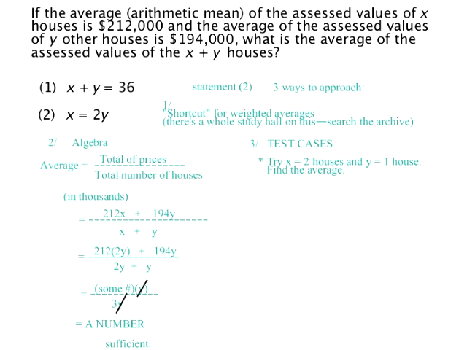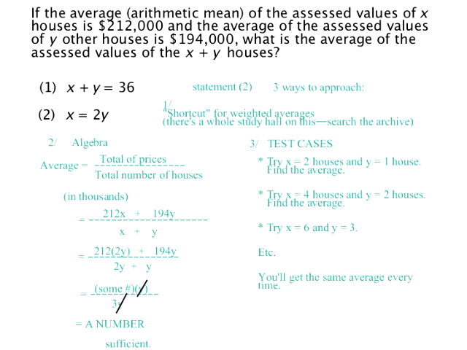Try x is 4 houses and y equals 2 houses, then find the average. Try x is 6 and y is 3, etc. You'll notice that you get the same average every time. So this is going to be sufficient, and so the overall answer here is going to be B. So there it is.